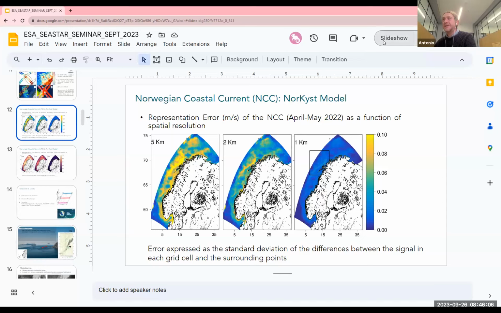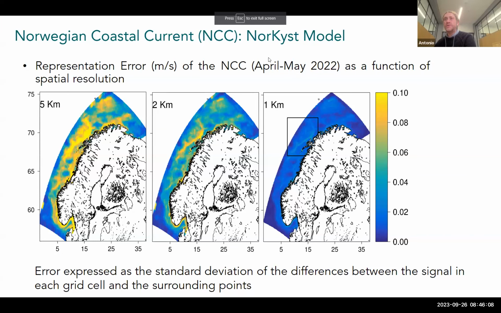That's right. What we try to do here goes in that direction. When you mention SWOT early stages, it depends how you define early, because the SWOT simulator was available when the mission was approved, right? And later on, I think. So now we are trying to push this concept. It's still a candidate mission.